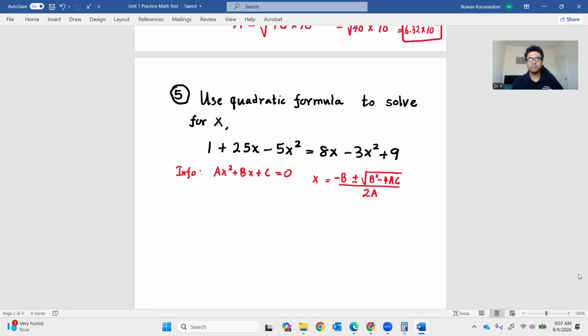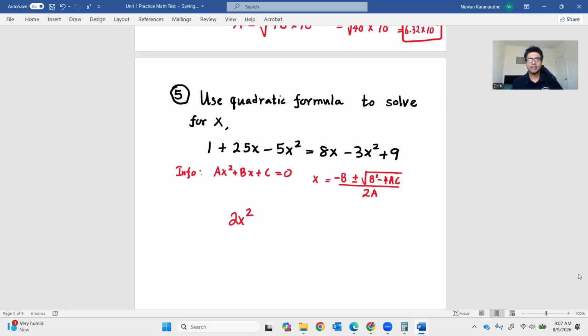So let's simplify this. You can see there are constant terms, x terms and x squared terms. I'm going to group similar terms. I see an x squared term, so I'm going to take that to the other side. Mentally you can do that. Minus 5 when it goes to the other side becomes plus 5, so I'll have 2x squared.